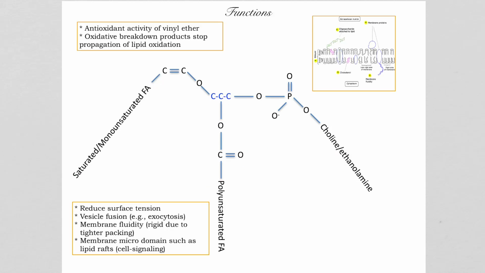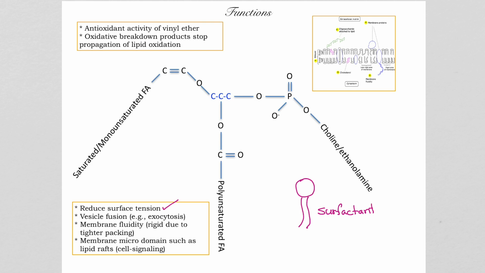So what are the functions of plasmalogens? Let's look at the functions of plasmalogens. So first of all, plasmalogens are amphiphilic lipids with head and tails. So they have surfactant activity. So it's not surprising that they can reduce surface tension because they are surfactants.